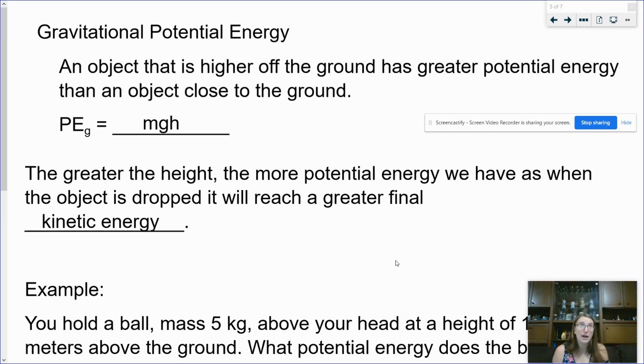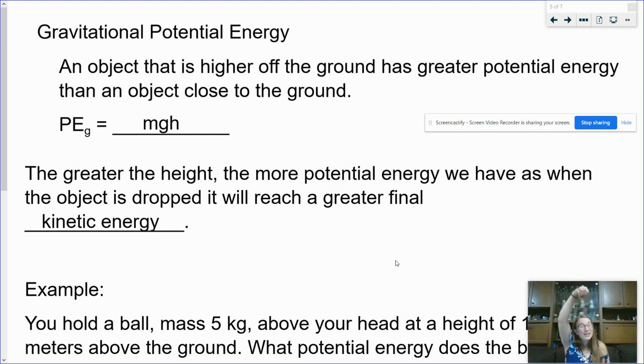Again, if you want to think about energy and work as if I dropped this thing on me, or if I collided with this thing, is it going to hurt? That's kinetic energy, that's work, right? So if I drop an object on you right here, it doesn't have a lot of potential to hurt you.